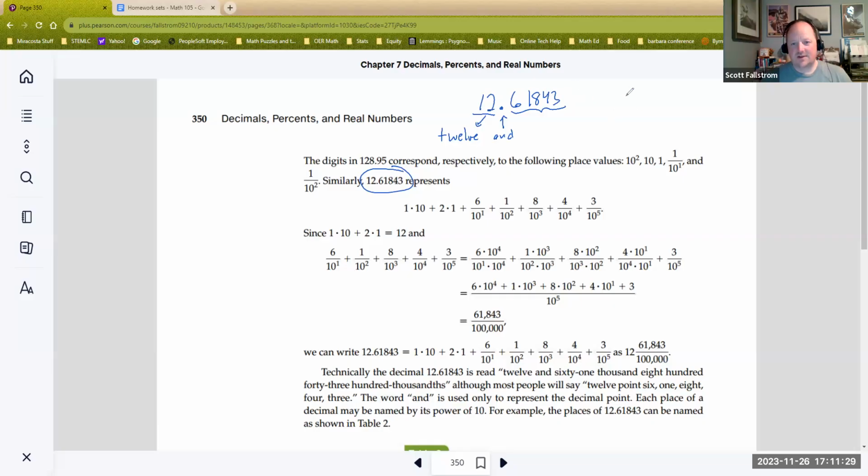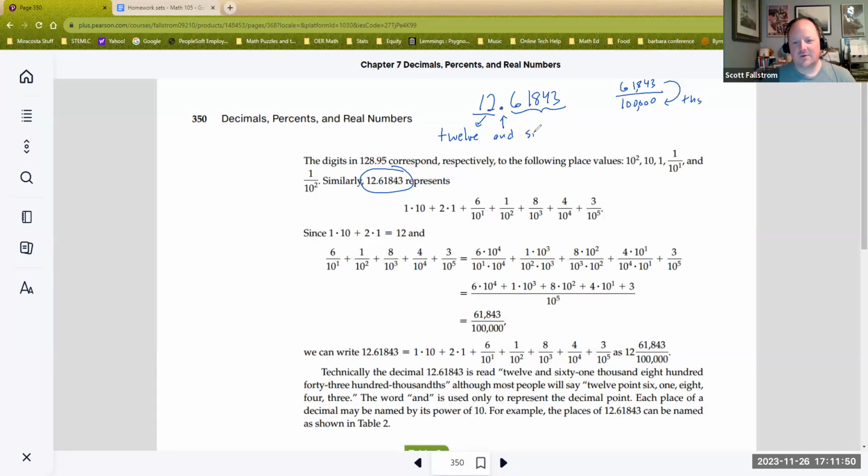So take a look though, it's 5 digits, which means I will have 5 zeros and 61843. Okay, so that's 61,843 hundred thousandths because it's in the denominator.